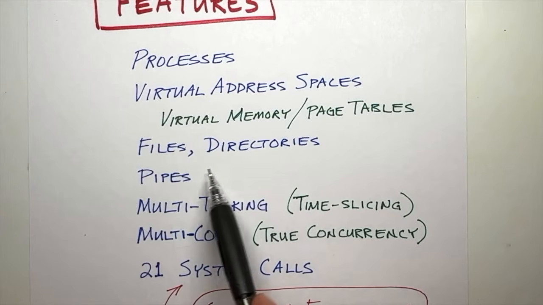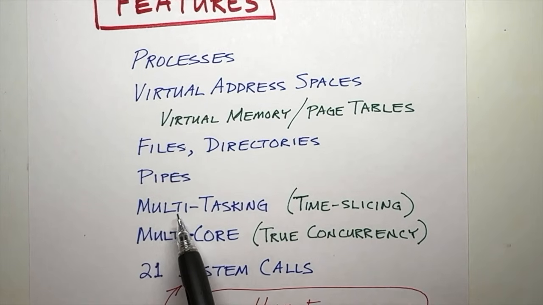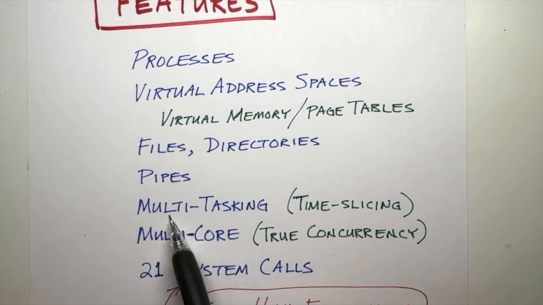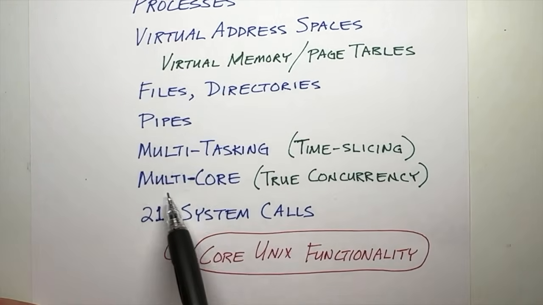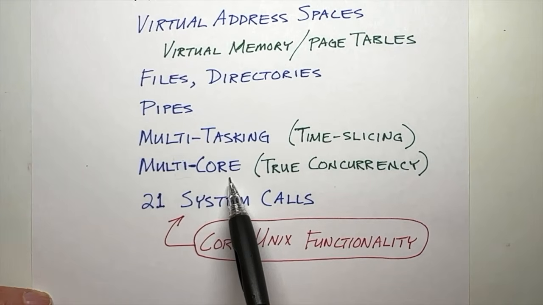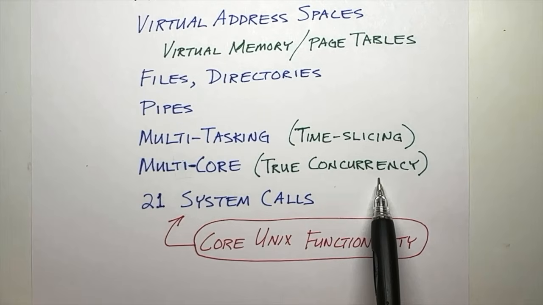You can pipe data from one program to another program. xv6 is a multitasking kernel, so you can run many processes at once using time slicing. Furthermore, it's a multi-core kernel, so we'll see how several cores cooperate to schedule and execute programs concurrently.